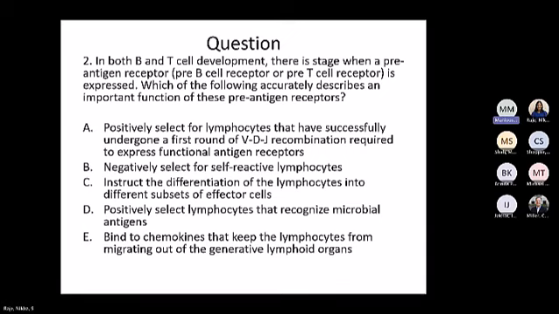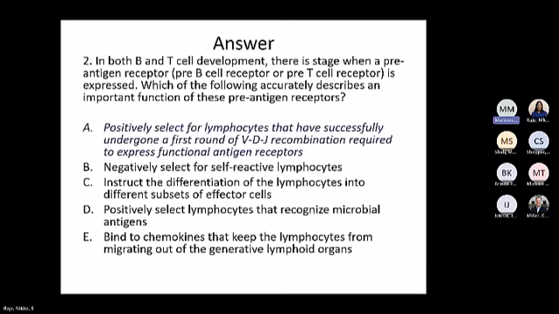I think this one is A, positively select for lymphocytes. That's correct. So it helps in positively selecting for lymphocytes that have successfully undergone a first round of VDJ recombination required to express functional antigen receptors. All right.